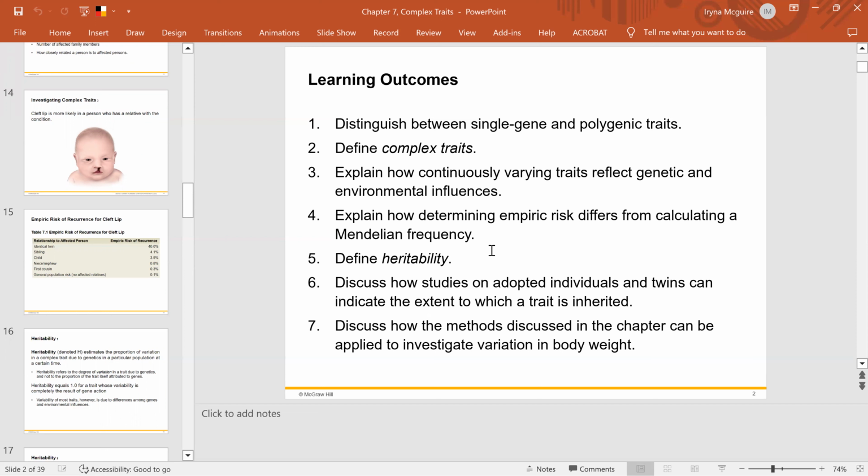That means the difference in their height is 100% due to genes, right? That's why it's a proportion of variation in the complex trait due to genetics, right?